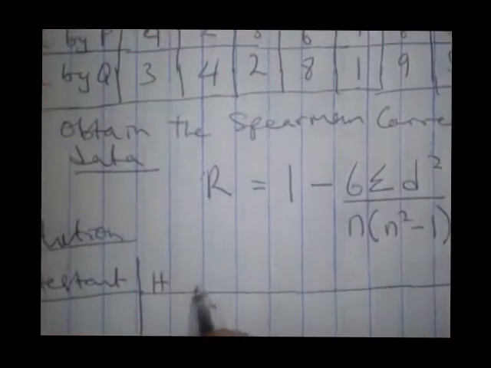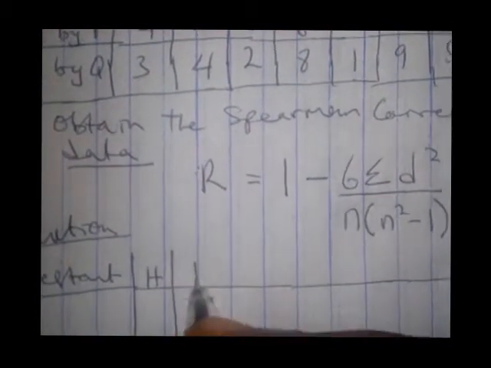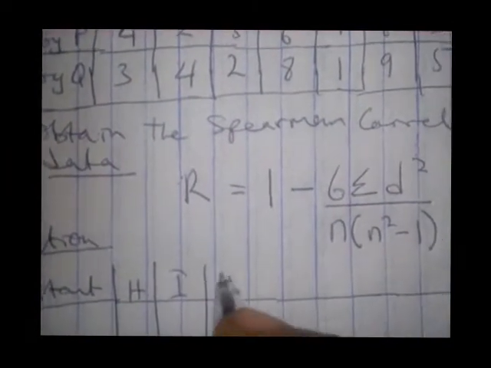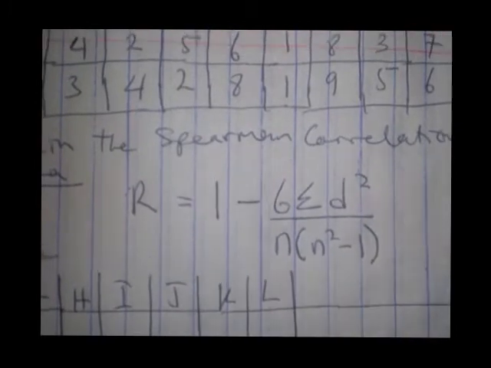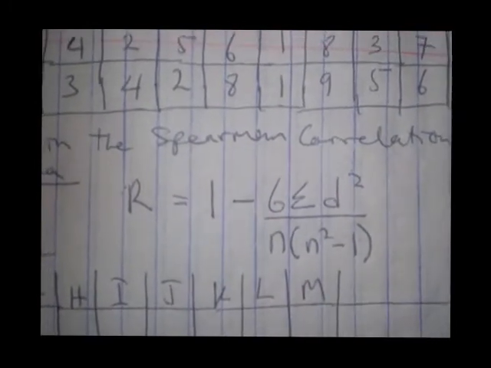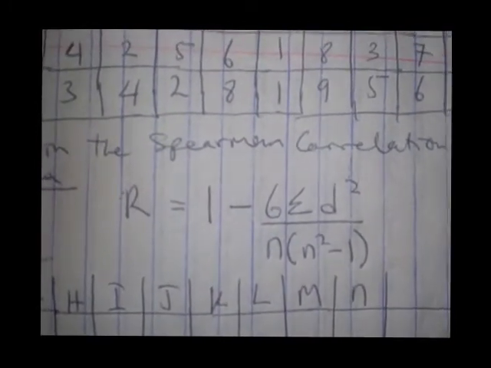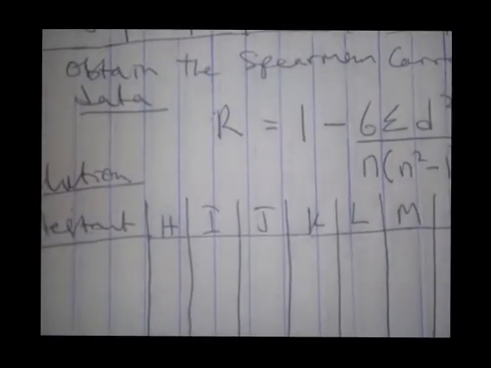Now we have contestant H, I, J, K, L, M, N, O, P, Q. That one we understand that.